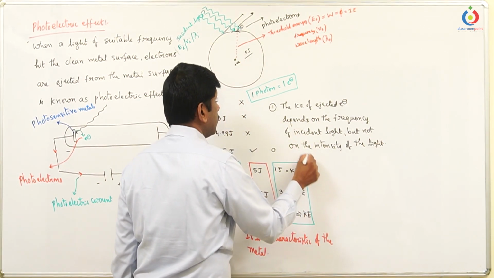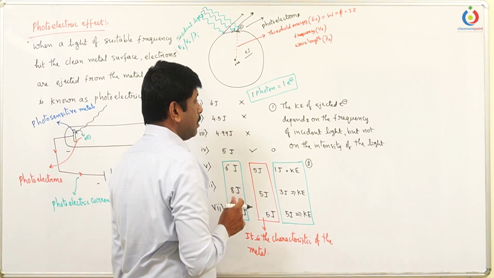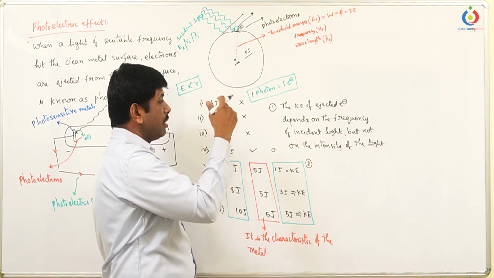At the same time, the number of photoelectrons depends on the brightness, that means intensity.